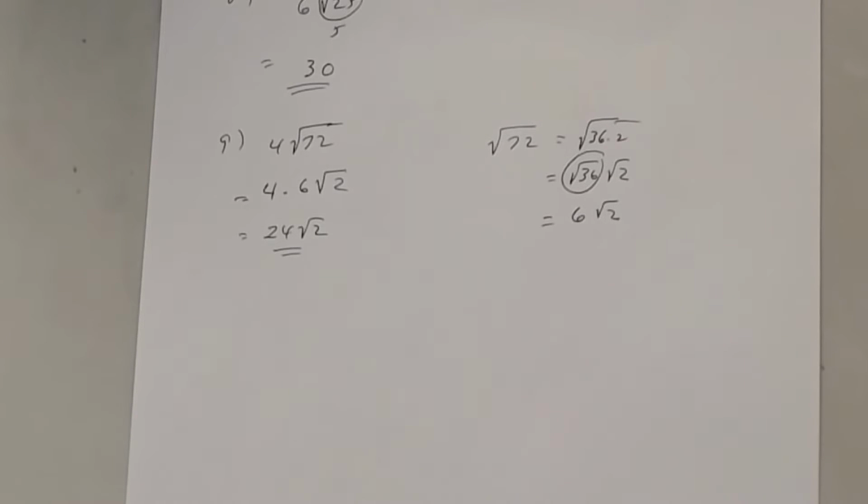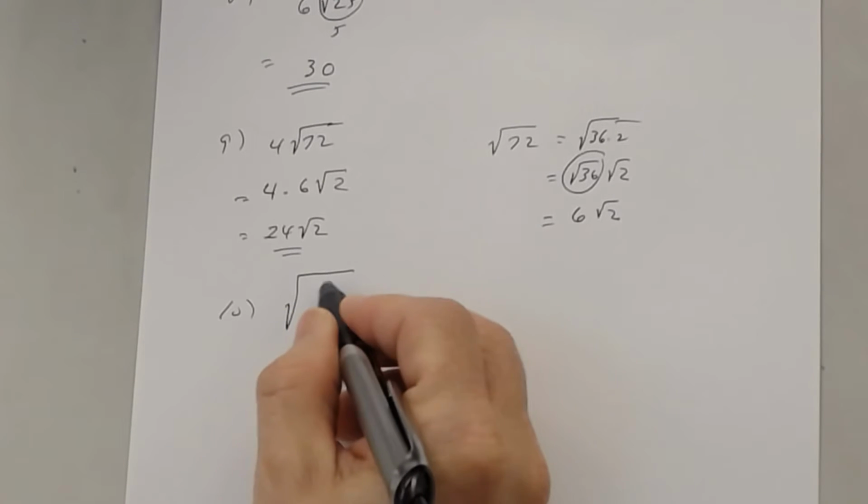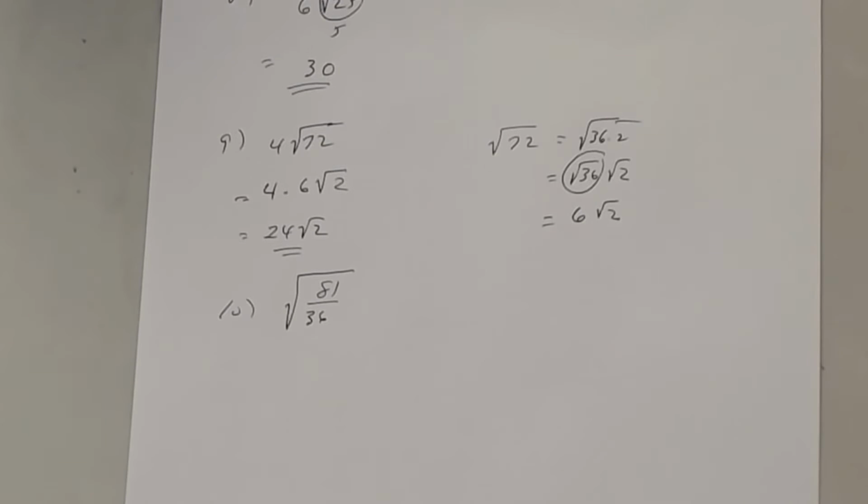Okay. Number 10. Suppose in number 10 you had this: the square root of 81 divided by 36. How can you rewrite this? See, you're taking the square root of a quotient.